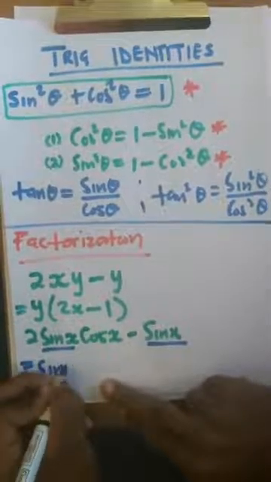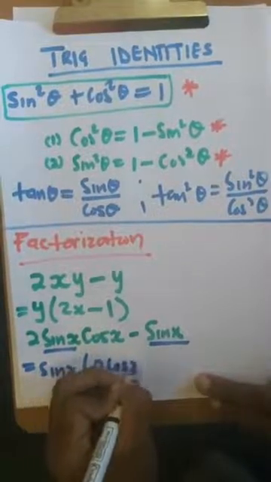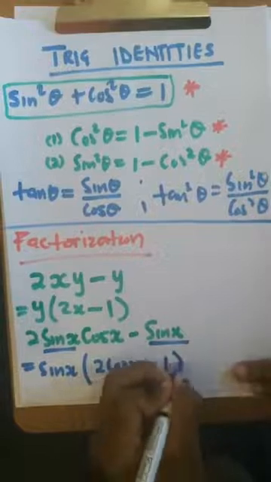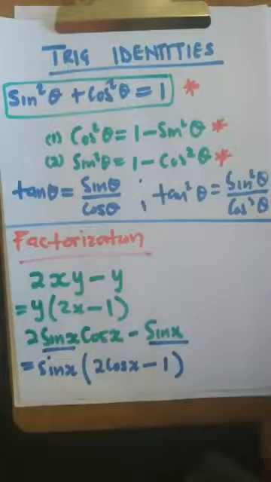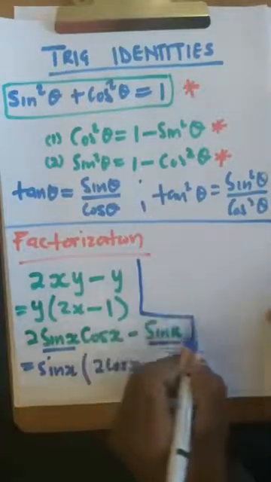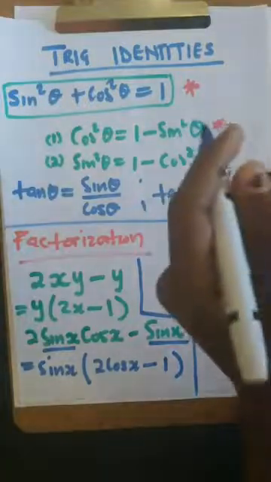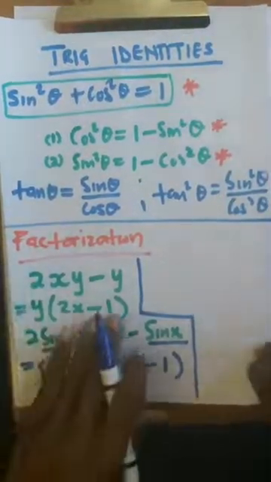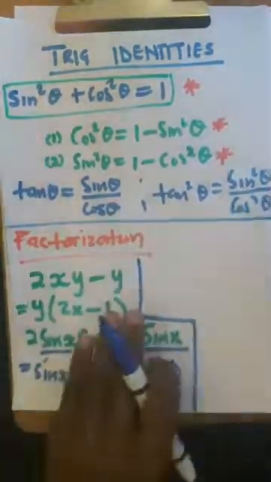Sine x times 2 cos x minus 1. When you multiply this back, you get the original. This is a very important and nice thing to do. You must be able to think of this as factorization by taking out the common factor.